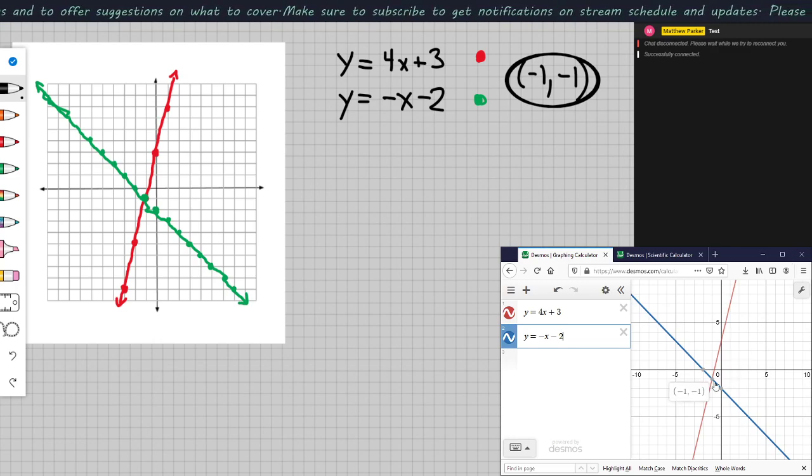And if I hover over where they intersect, which is going to be right here, -1, -1, is that right? Yes, so we get the same answer. Just a kind of refresher on Desmos as well.